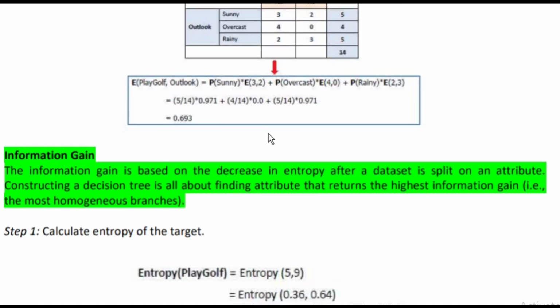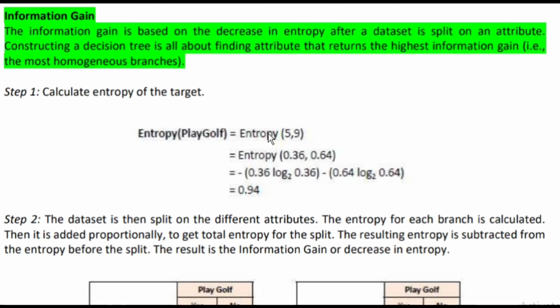Step 1. Calculate the entropy of the target. Entropy of play golf is equal to entropy (5, 9), entropy (0.36, 0.64). So entropy comes out as 0.94. Step 2. The dataset is then split on different attributes. The entropy for each branch is calculated. Then it is added proportionally to get the total entropy for the split.